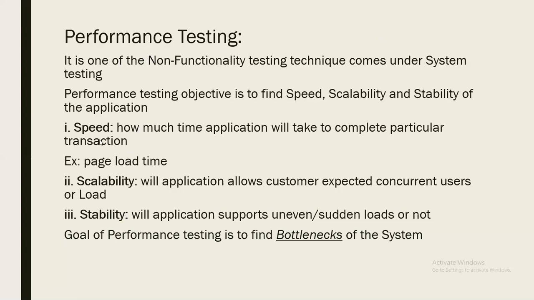Speed means how much time it takes to complete a particular transaction. Scalability: will the application allow expected concurrent users or load. Stability: when there is a sudden load increment or decrement, how the application responds, we have to check. These are the factors.